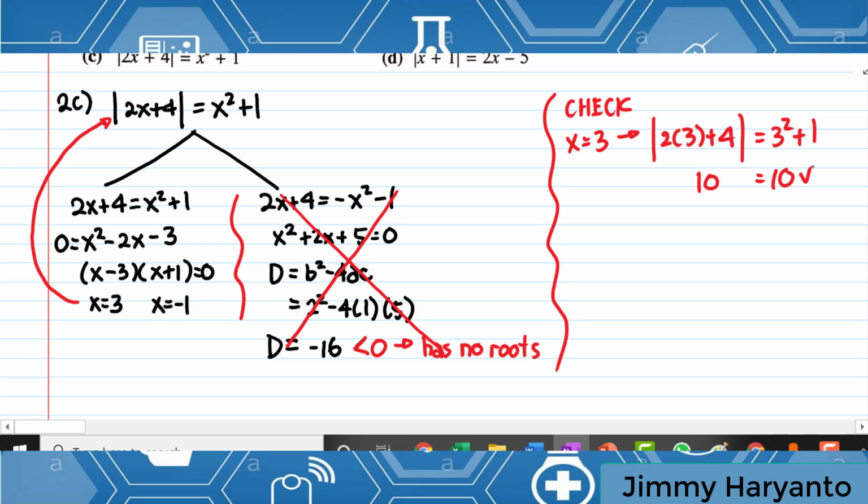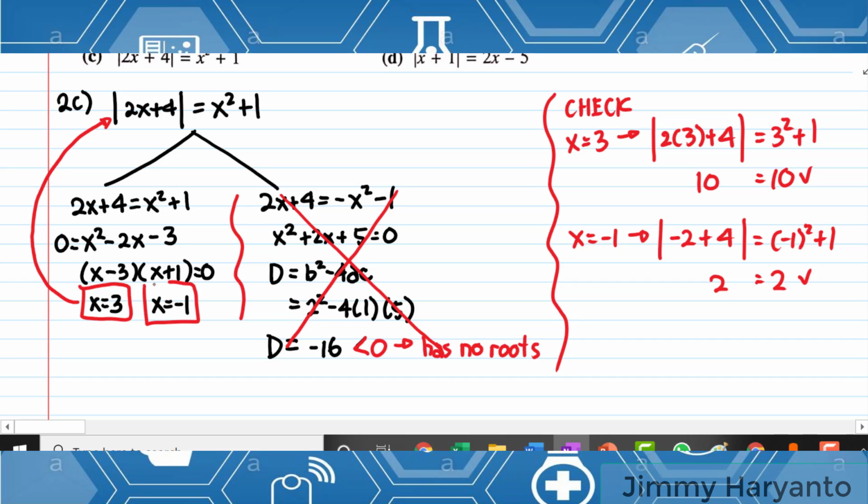It's correct, so this one is a solution. How about the negative 1? Negative 2 plus 4 equals negative 1 squared plus 1. 2 equals 2 is also correct, so this one is also a solution. So the solution set equals negative 1 and 3. Okay, that is for number 2c.